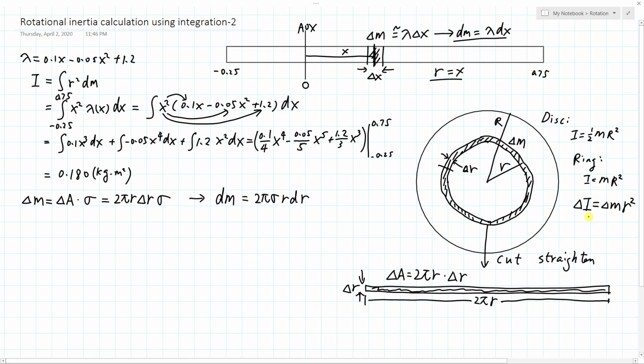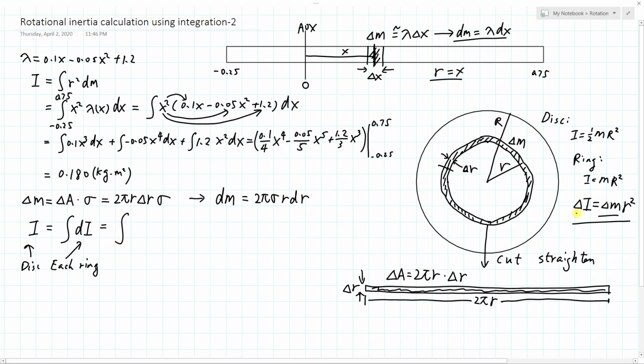And recall that for this much mass, a ring has this much rotational inertia. So the total rotational inertia should be the integration of the rotational inertia of each ring. So this is the disk. This is each ring. Alright, so let's find out.